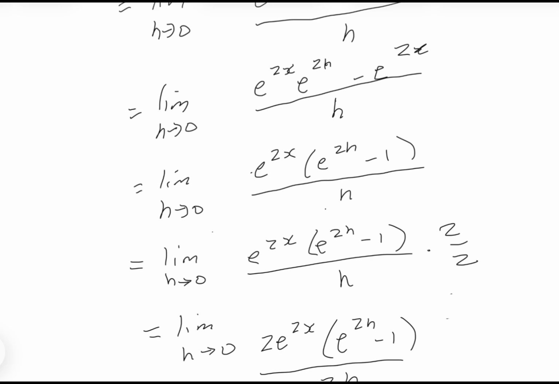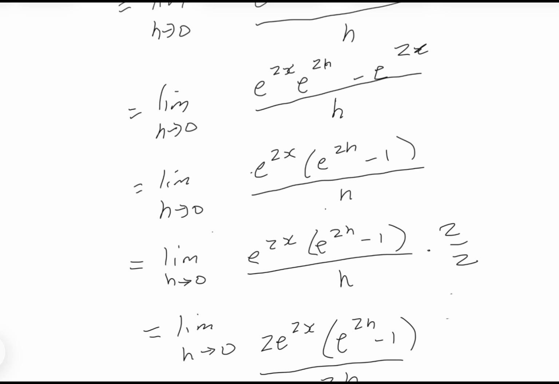But we want the denominator of this to be 2h because we have an e to the 2h at the top. And so we want the same argument to be in both. The e to the 2h at the top must have a 2h at the bottom for us to let that be equal to 1 by the fact that we're using.